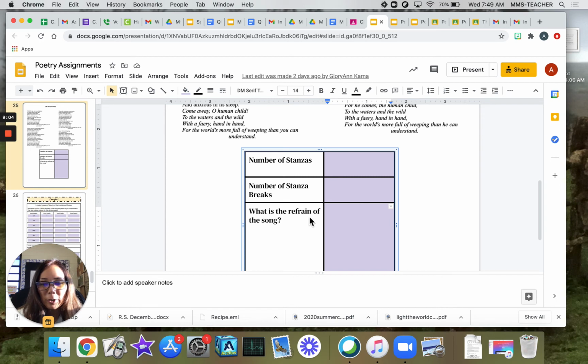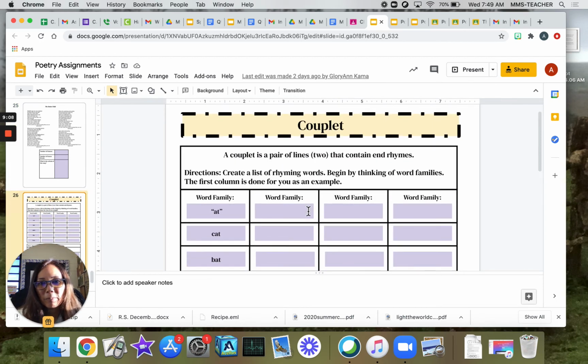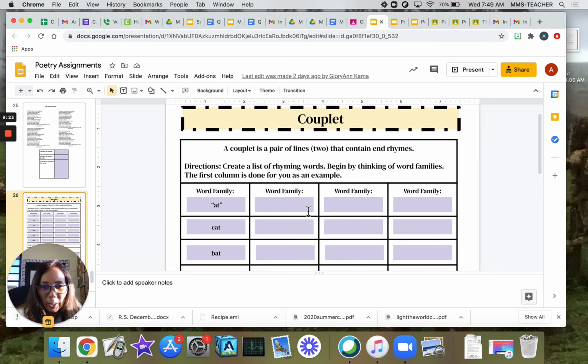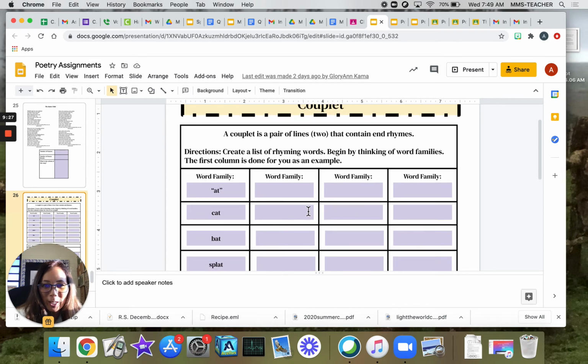Now for slide 26, couplet. Here we're going to have some fun with these slides, and the directions say a couplet is a pair of lines, 2 lines that contain end rhymes. So before we do anything else with couplets, we're going to create a list of rhyming words.